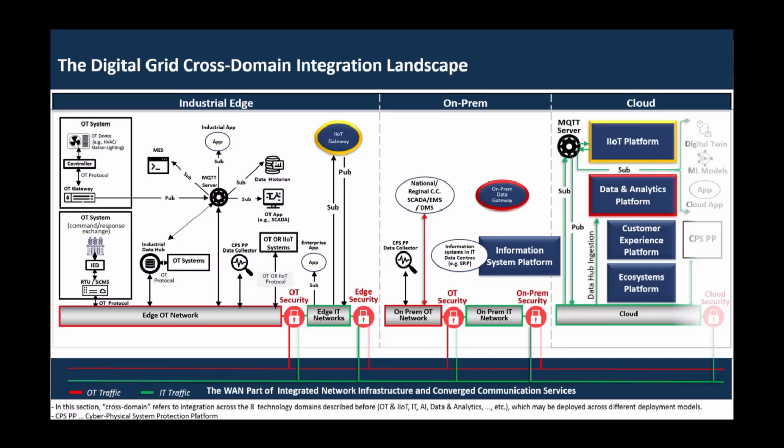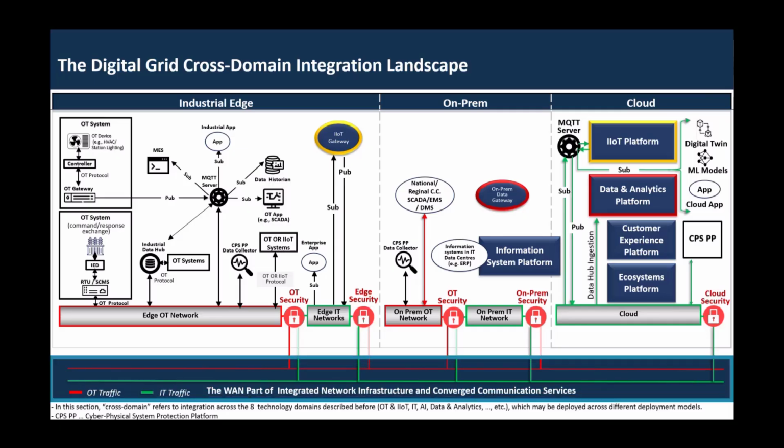And here we have the cloud zone, with its own network infrastructure. All these networks are connected to each other through the wide area network part of the integrated network infrastructure and the converged communication services. And in this diagram, it is worth noting that the OT traffic is shown in red color, while the IT traffic is shown in green color.